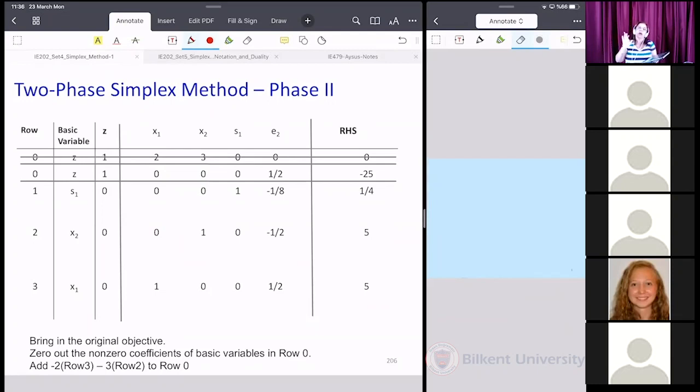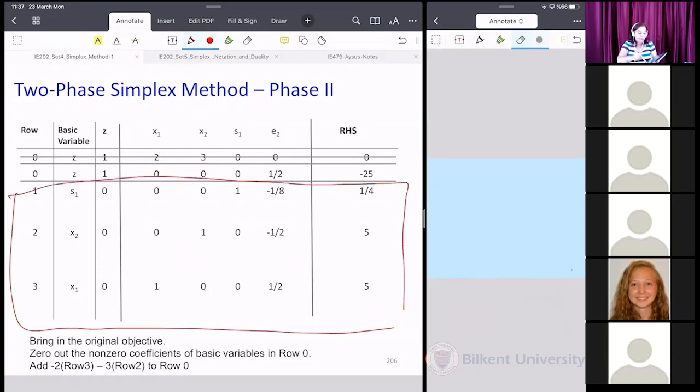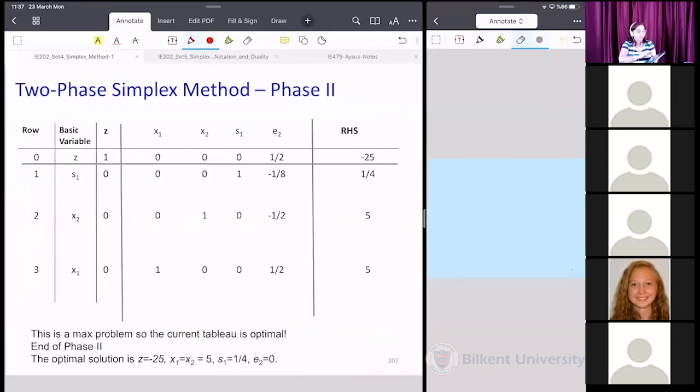So after phase 1, I get the correct simplex table underneath, but my row 0 was not correct because all these iterations did not continue with my original objective function. So you have to put back your original objective function and do the iterations that you're supposed to do if you were carrying them with you, which is getting them to 0. That's what we did in here. Now this is a legitimate simplex table.